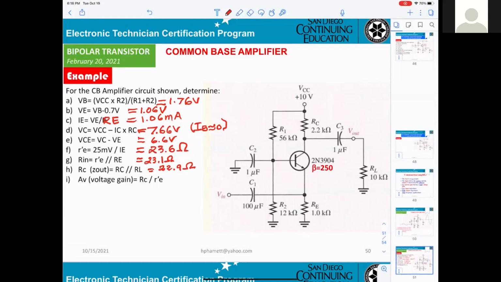I don't think that's correct. If they're in parallel, RL is 10K, it has to be less than 10K. I get 1.8. Okay, now we do the calculation. You take 2.2 times 10, divided by 2.2 plus 10K. 1.8, that's it.